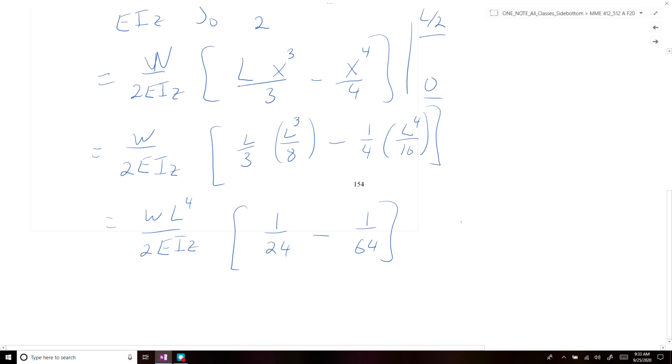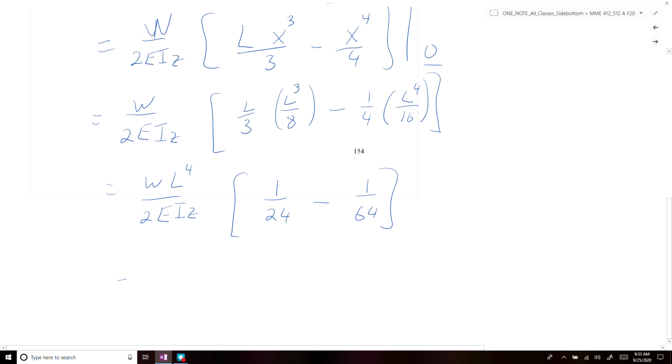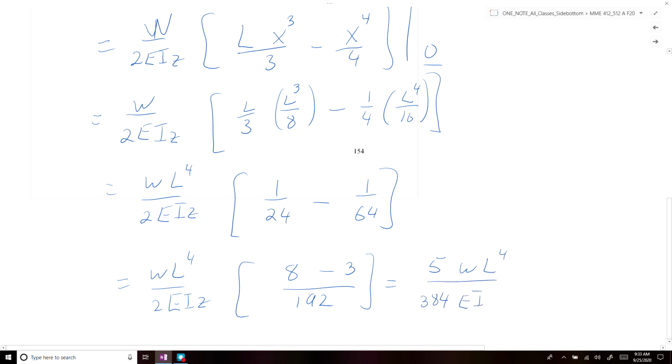The least common denominator for both of these is 192. So we get wL to the 4th over 2EIz times 8 minus 3 over 192, which ends up being 5wL to the 4th over 384EIz, which is our solution for the displacement at delta C.